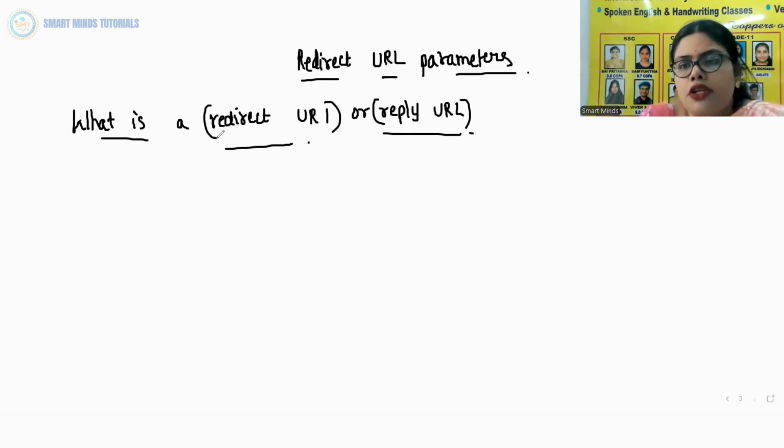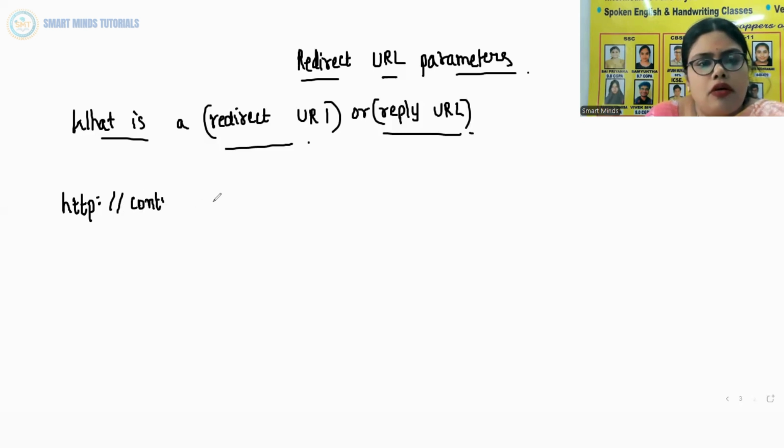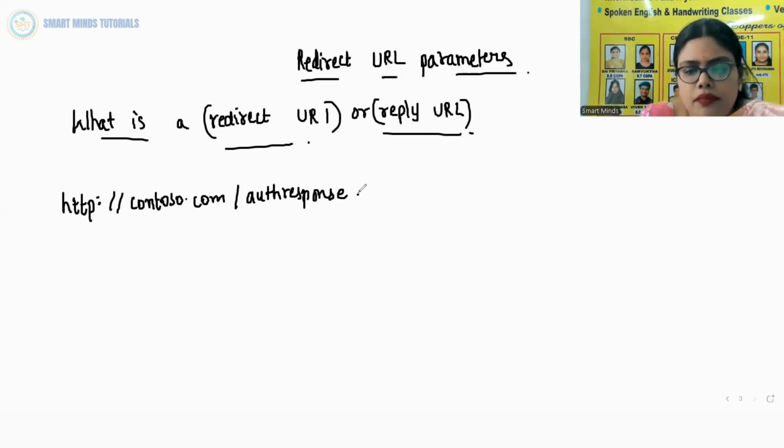In a production web application, for example, the redirect URI is often a public endpoint where your app is running. For example, let us take http://contoso.com/authresponse.